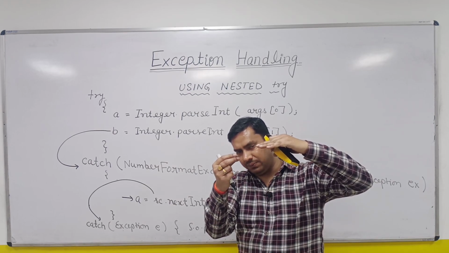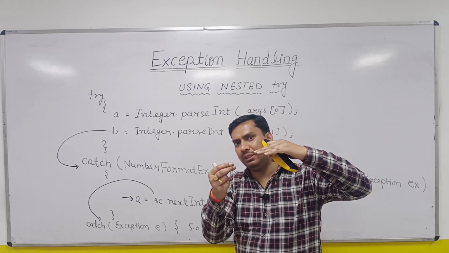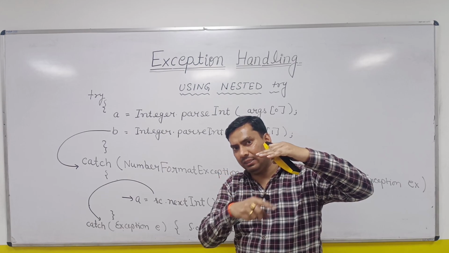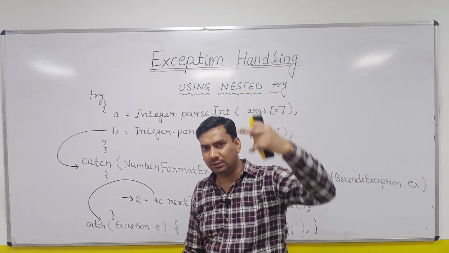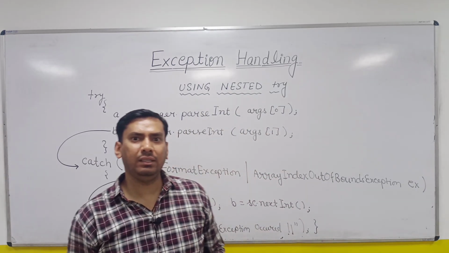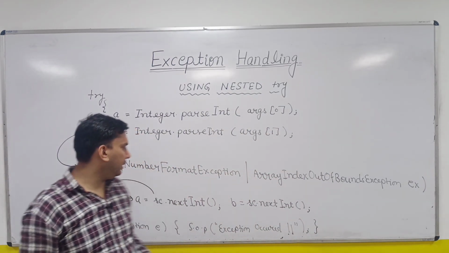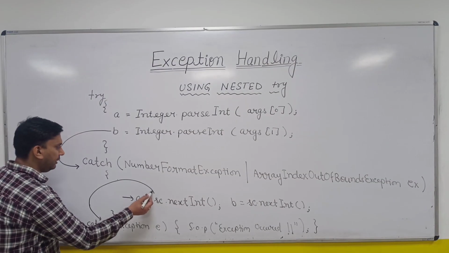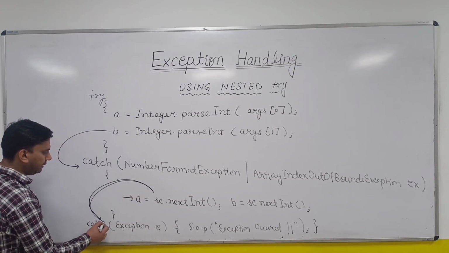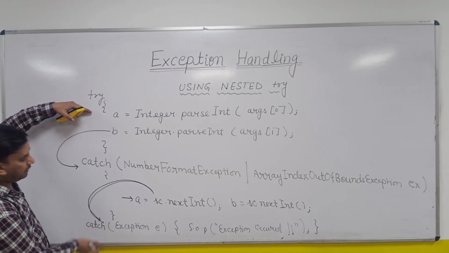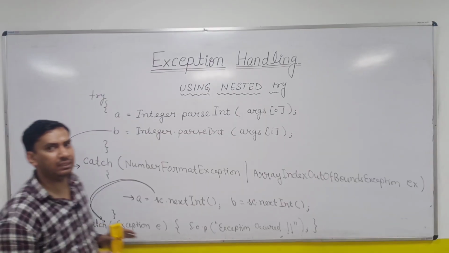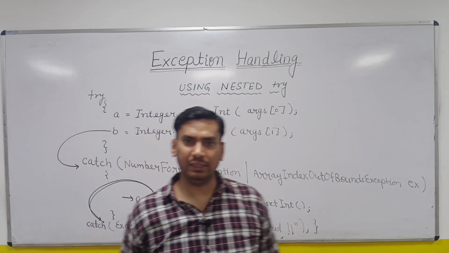In the first catch block there is some exception, so that exception will not be handled by the second or third. Only one catch block of a series of try catch will be executed at a time. So if you get an exception here, it will not be handled by this. It will come out of the entire try catch ladder.